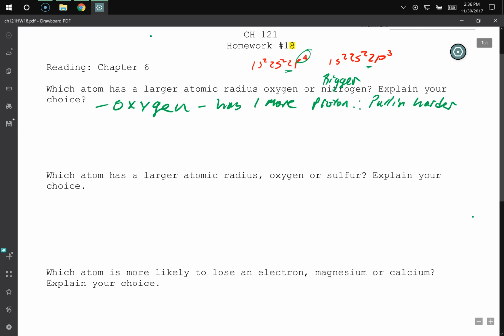The 2p, right? Yeah. So nitrogen has electrons in the 2p. Is the p filled? It still can hold 3 more electrons, right? So when I move on to oxygen and it's got one more proton pulling harder, it's also got one more electron. Where does the electron get put?